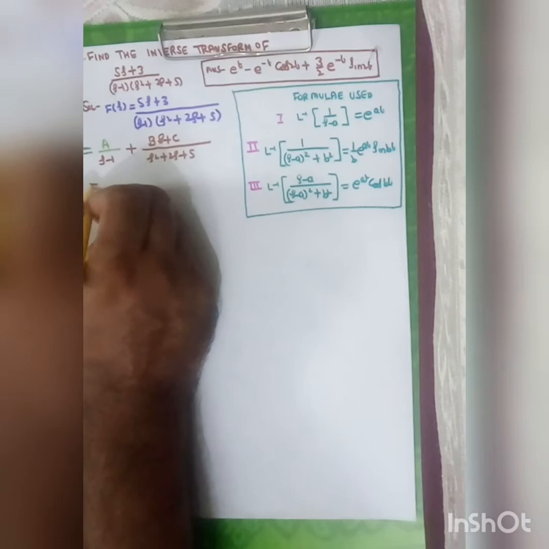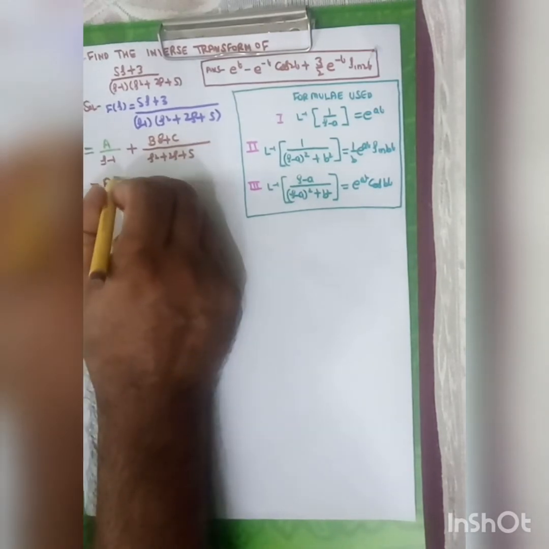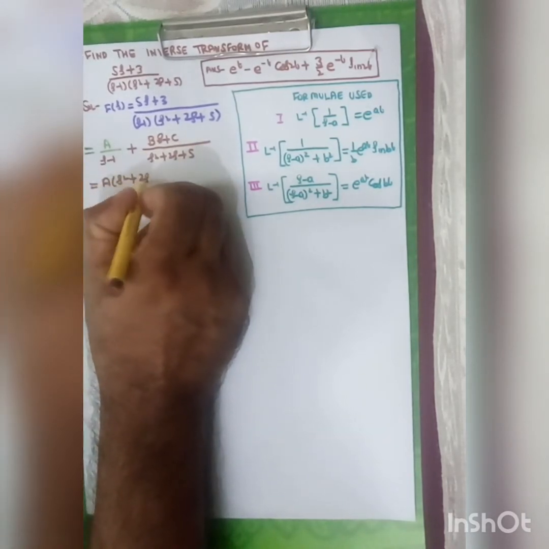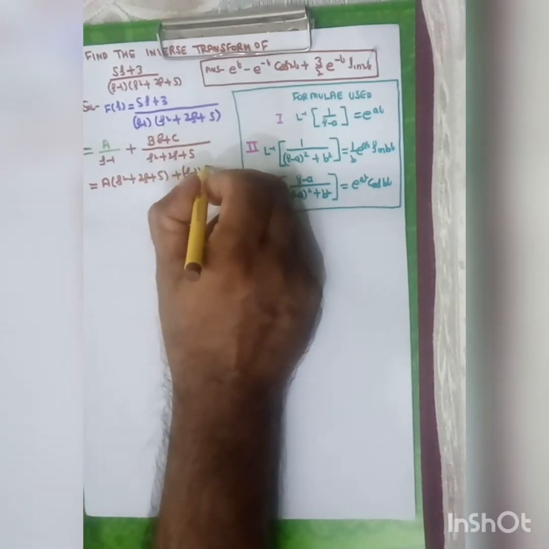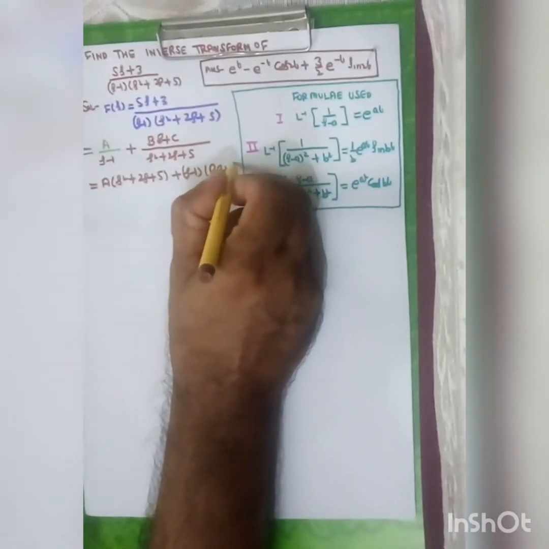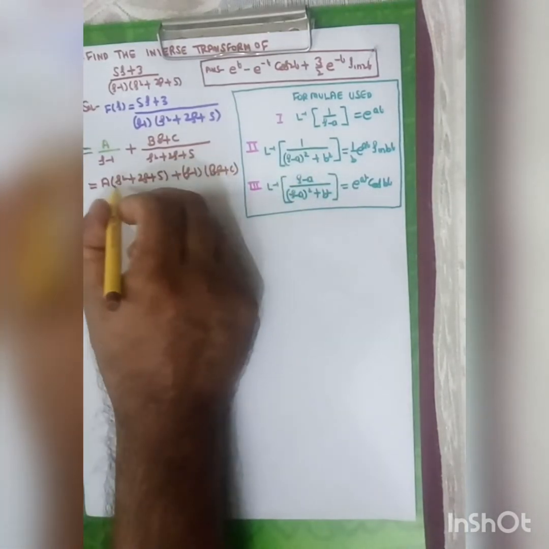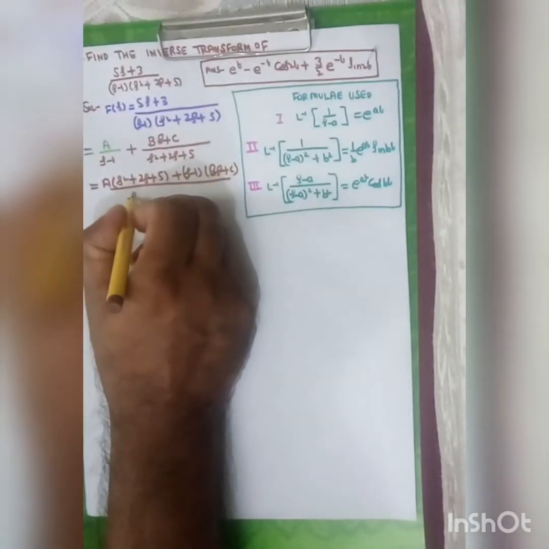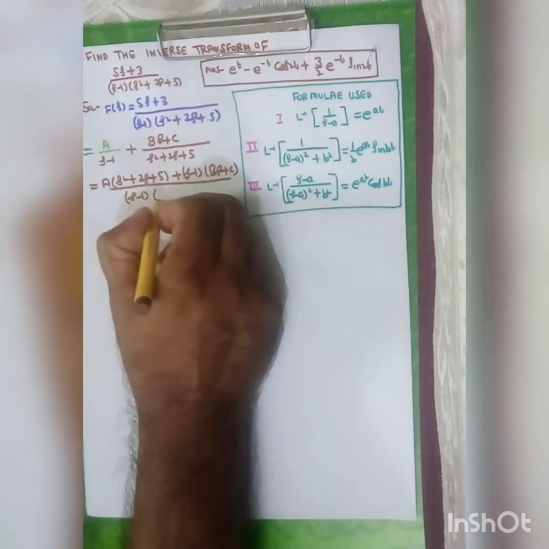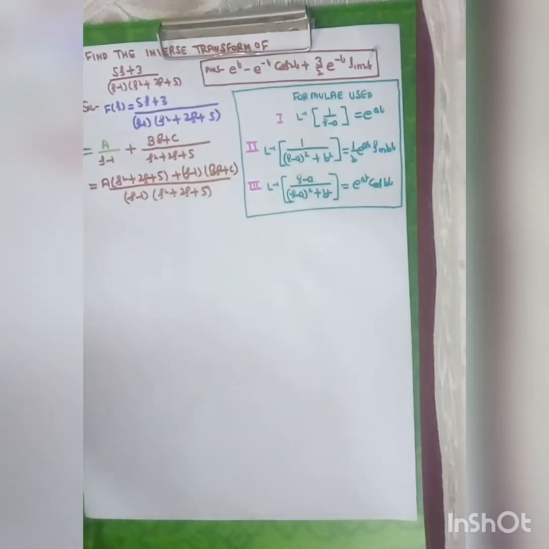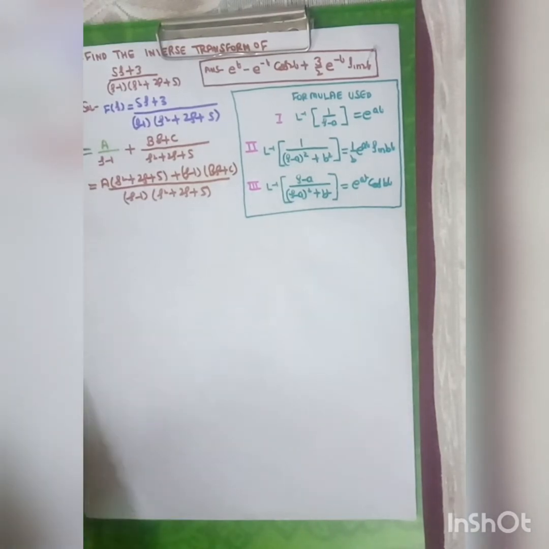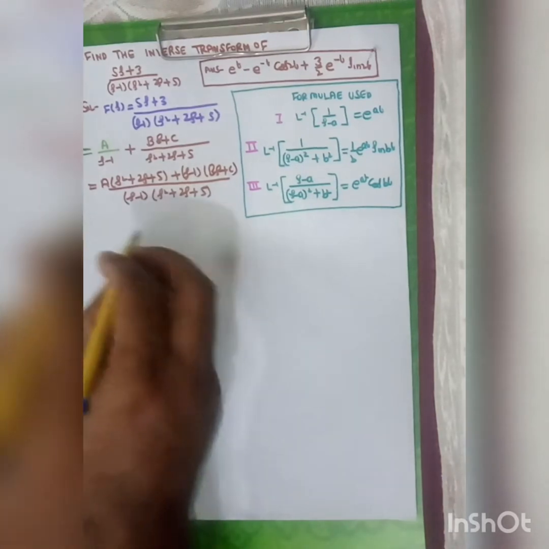So we can write it as A multiplied by (s square + 2s + 5) plus (s - 1) multiplied by (Bs + C), divided by (s - 1) multiplied by (s square + 2s + 5). The denominator will cancel.